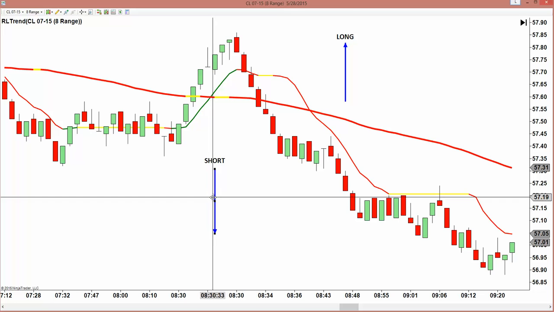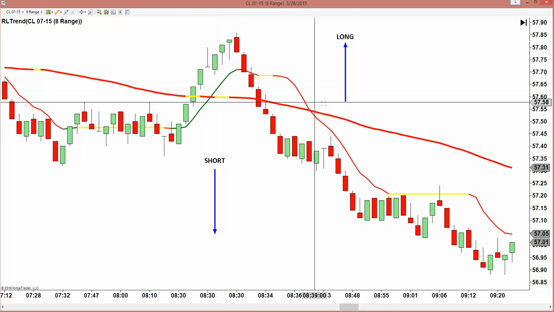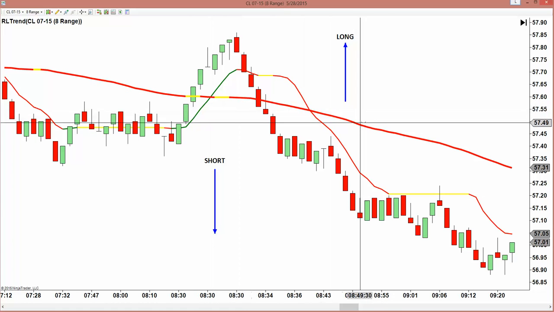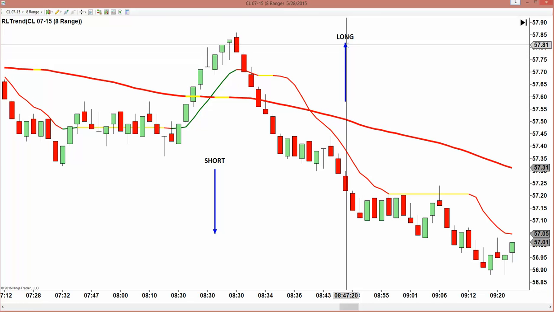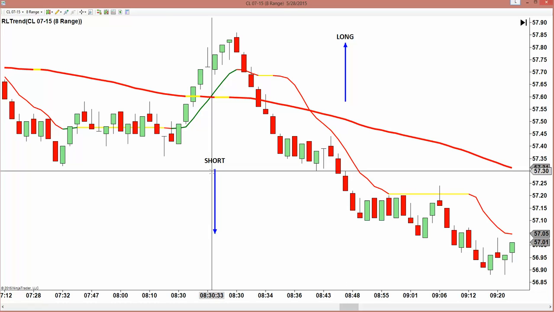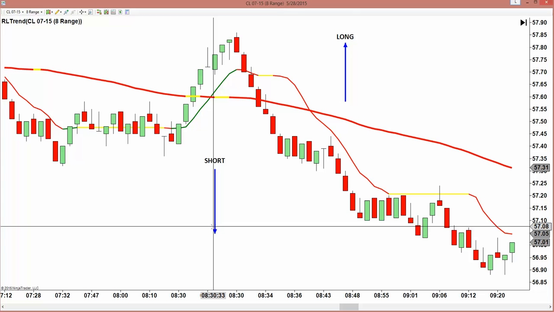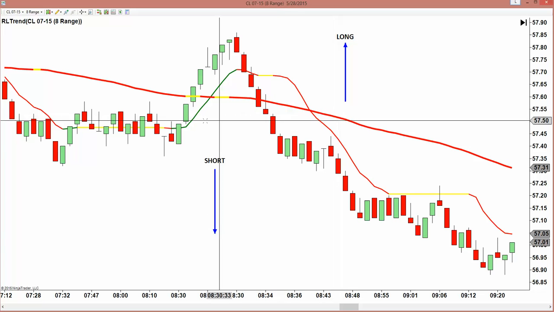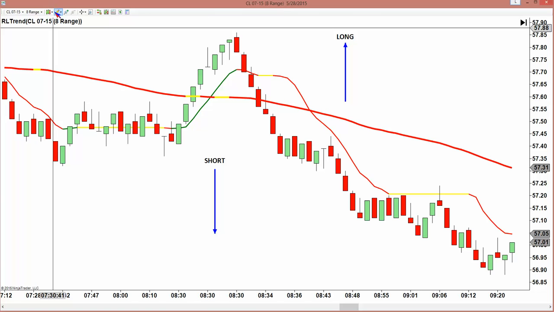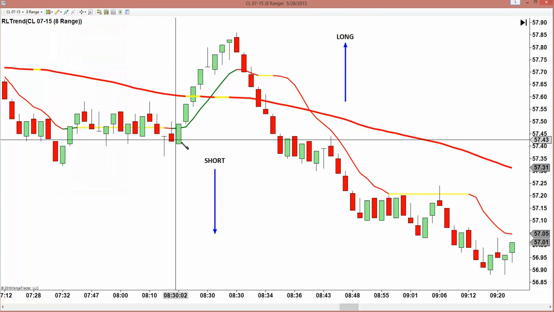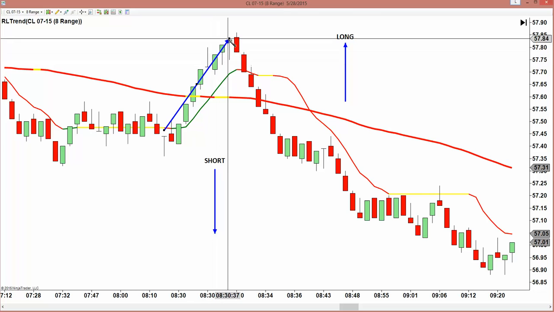Our 50 is our line of demarcation that tells us who's in control of the instrument. The institutional traders here are in control to the long side. The institutional traders here are in control to the short side. Now you can see that that's going to reverse, and you can get some nice moves to the upside, like this, but we don't trade them.